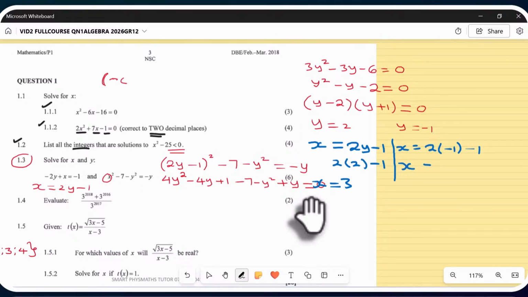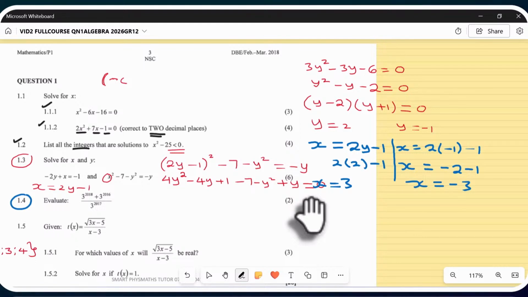Because this is 3 power 2018, I can say multiplied by 3 power 2. Because we know in exponents, if the base is the same and you are multiplying, you can add the powers, right? So you agree with me that 3 squared times 3 power 2016 gives us 3 power 2018. That is fine there.